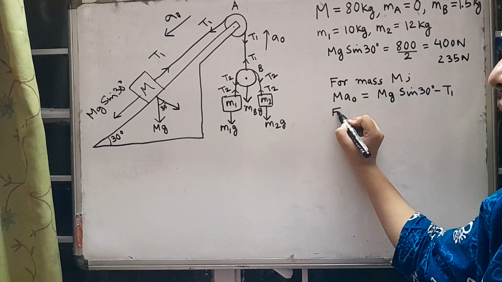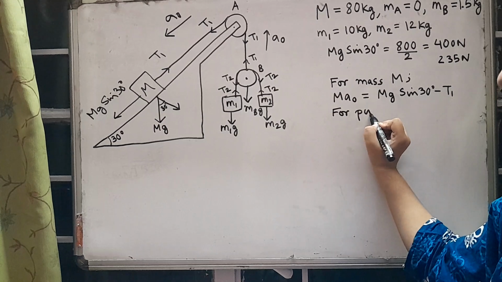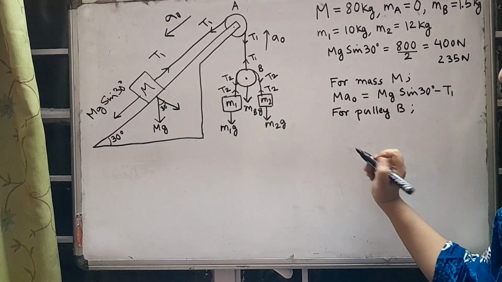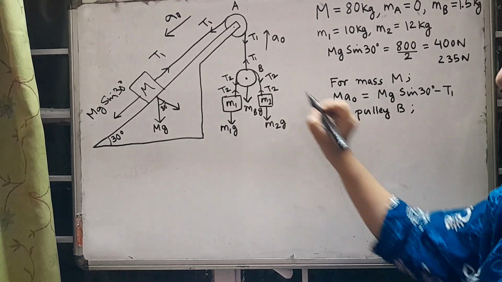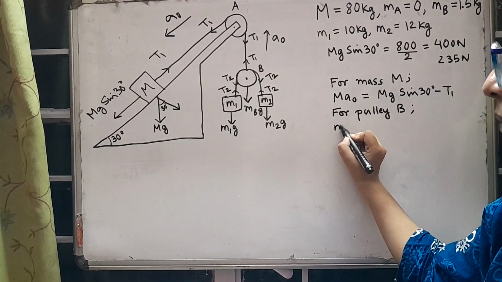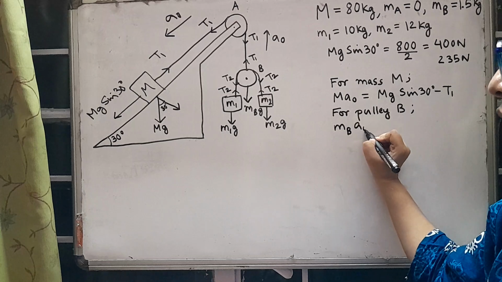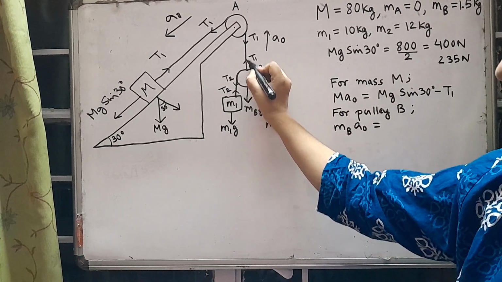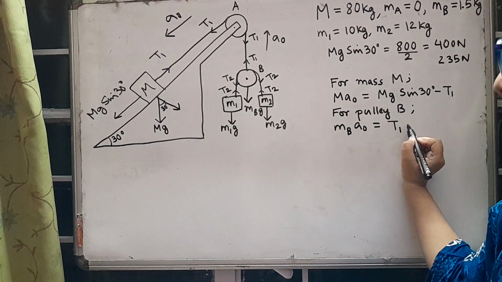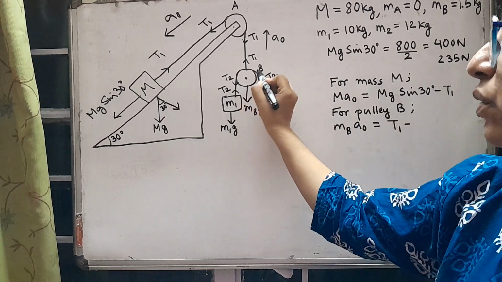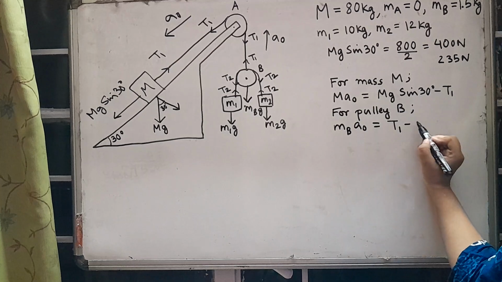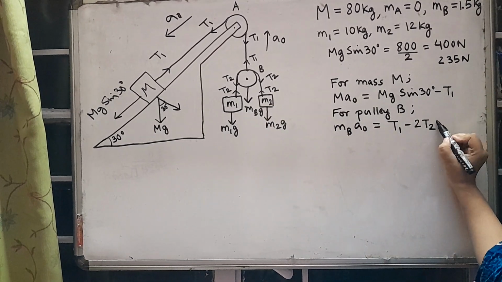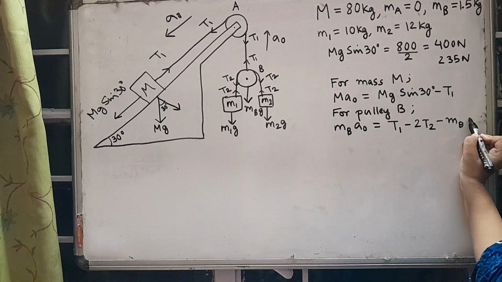So for pulley B, since it's moving upward, you will have MB A0 equal to T1 in the upward direction, minus 2 T2 in the downward direction, and the weight acts downward, minus MB g.